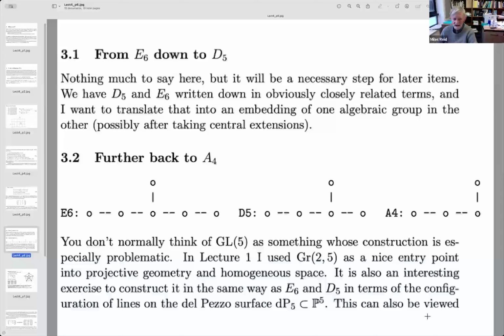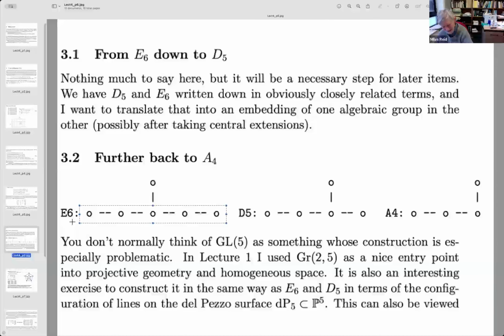In that first section about F4, I was taking E6 and dividing it by its left to right symmetry of order 2. Here I'm doing something different. Here I'm chopping bits off it.